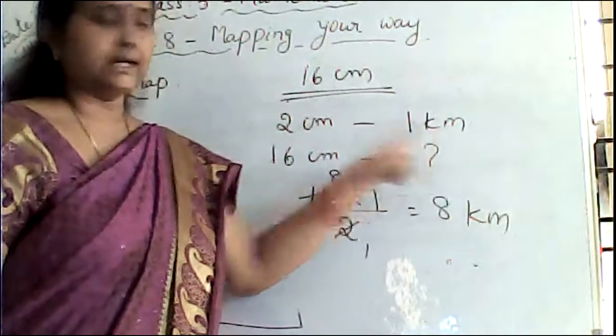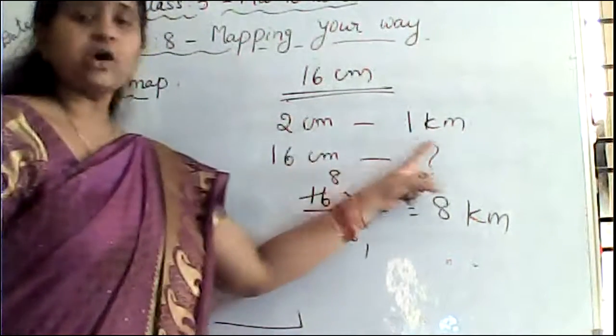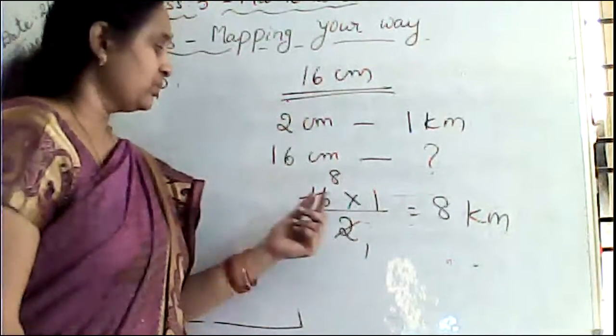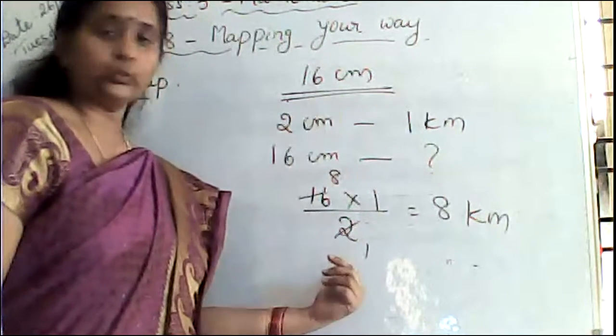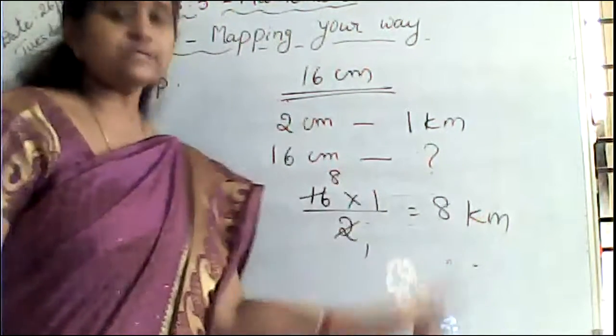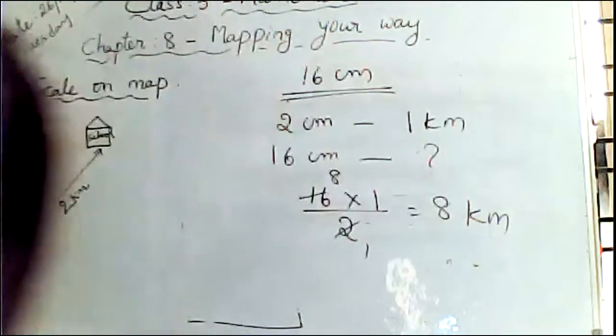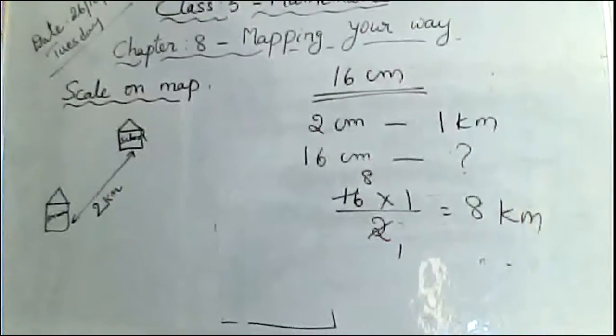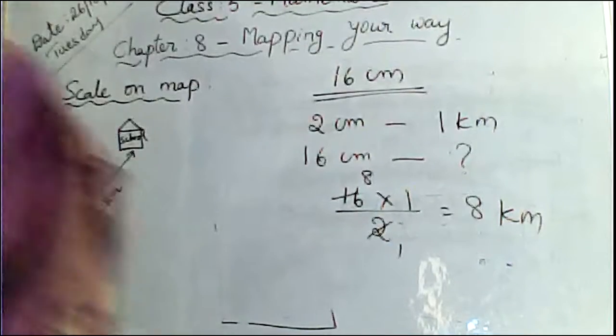So 16 into 1 by 2. 2 eights are 16. So it is 8 kilometers.